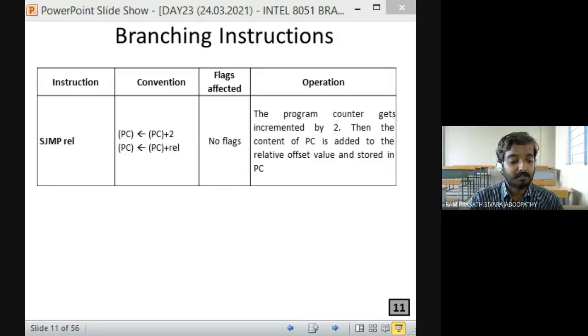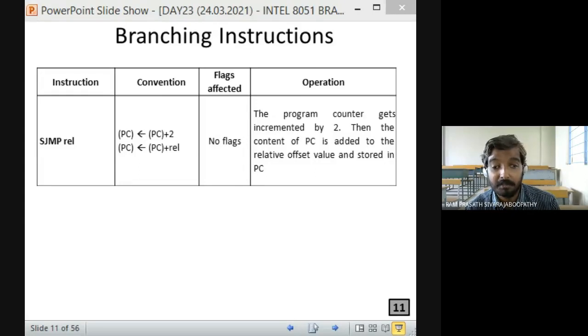This is for +5. So what about the MSB here? It is 0, correct? Kindly take the 2's complement of this. What will you get? Can you type it in the chat? If I jump 5 bytes in reverse, what value will I get? Very good.